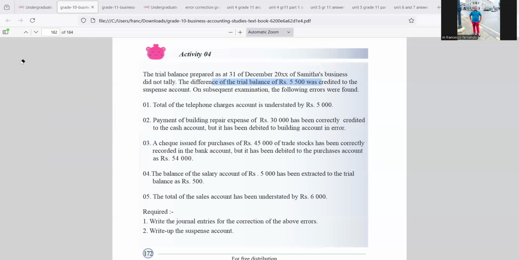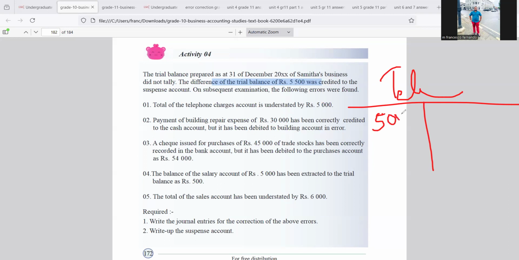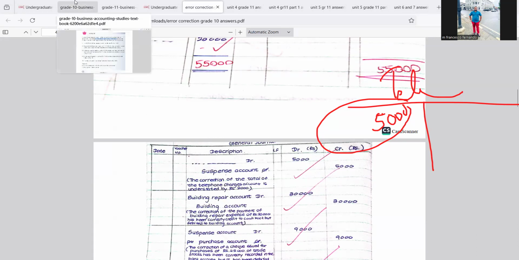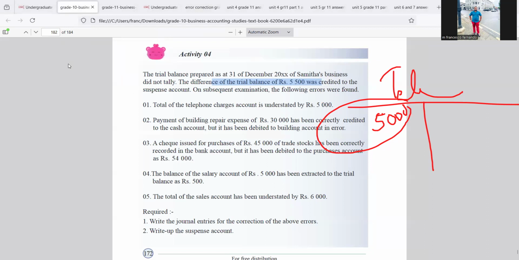So here, the telephone charges account. Normally the telephone balance should be debited. Understated means they have debited 5,000 less. So you have to debit 5,000 to the telephone account. Why? The normal balance in an expense account is debit. Therefore, the telephone account should be debited and your suspense account should be credited.